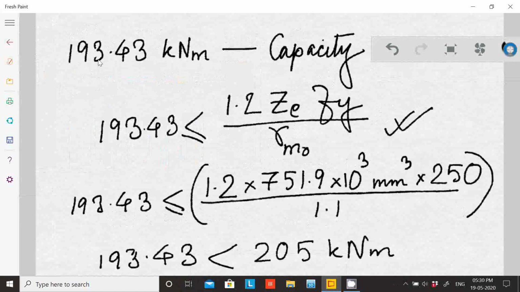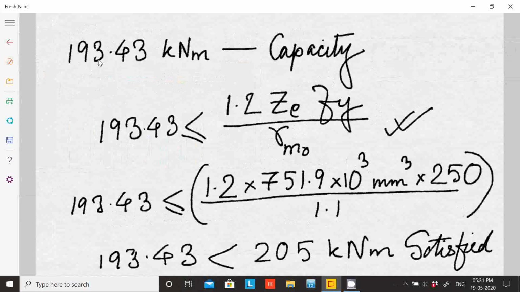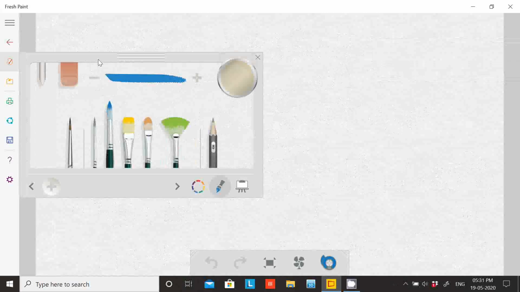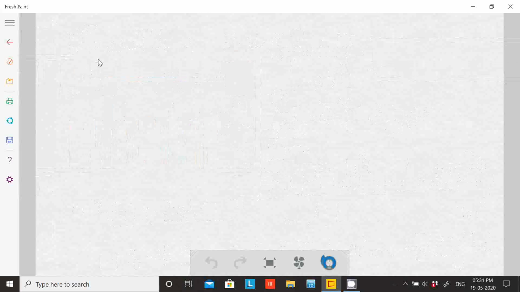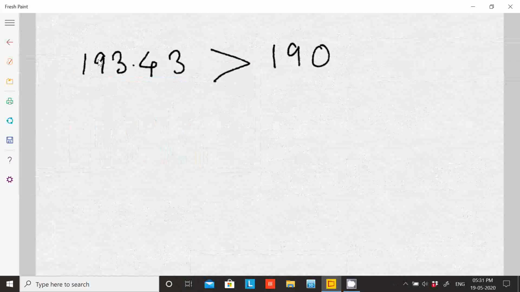So ultimately this is satisfied, and we have satisfied our condition. And this 193.43 is also greater than the applied value of 190 kilonewton meter. This is the applied moment.